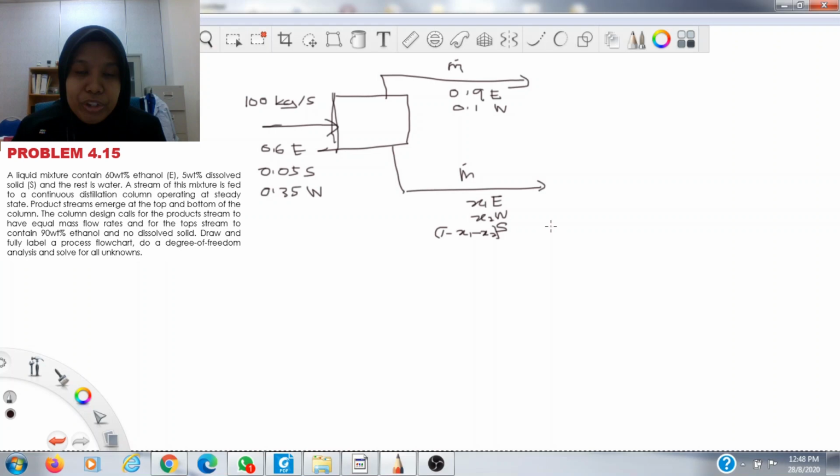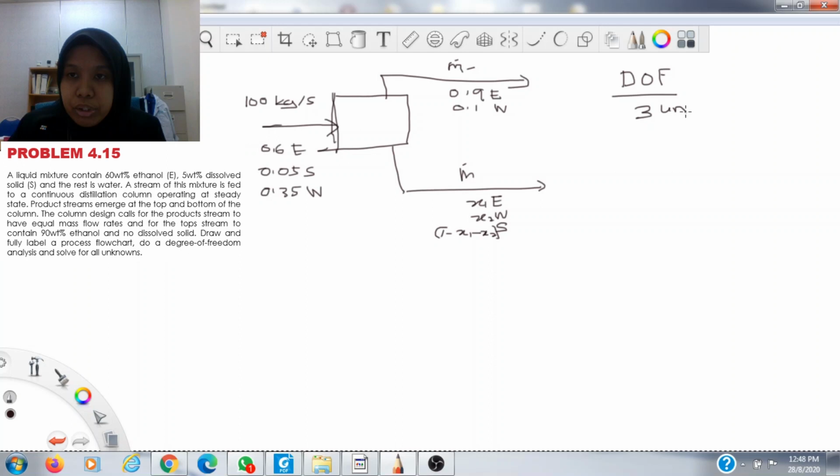Next we move to the DOF, degree of freedom. First we have to calculate how many unknowns we have here. M is one, since it's the same level, then X1, X2, so 1, 2, 3, you have 3 unknowns. How many component balances do we have?